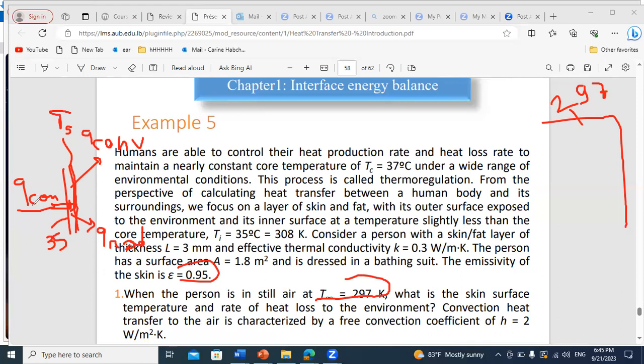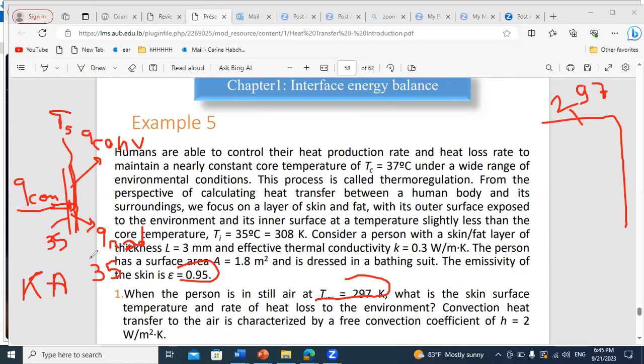If we start with the conduction, we have that Q conduction is equal to K times the area of the skin layer times, we know that conduction will be from the highest temperature towards the lower temperature. So it's 35. But please pay attention to units, okay?